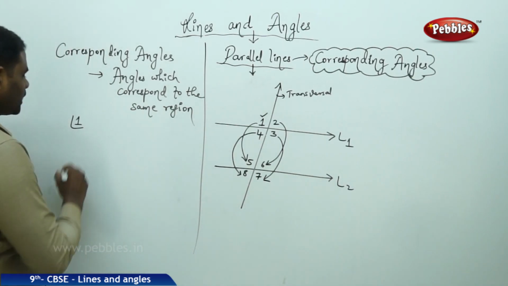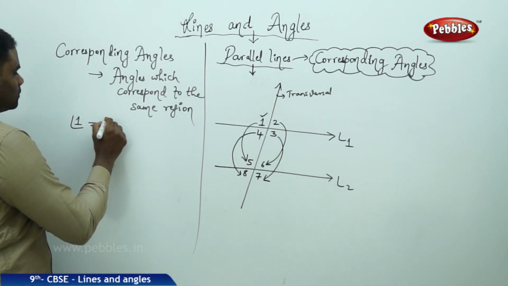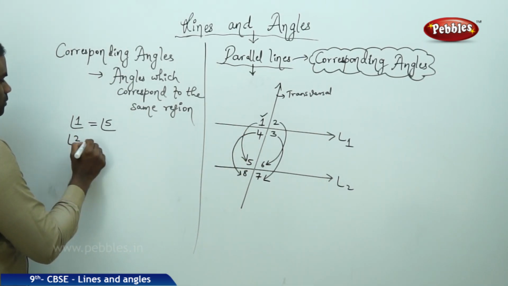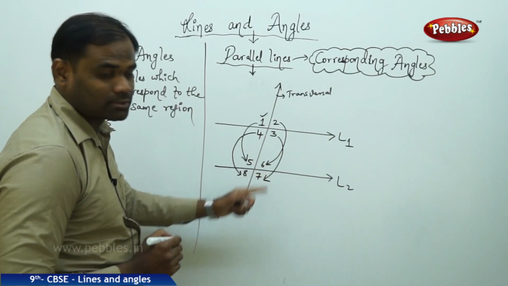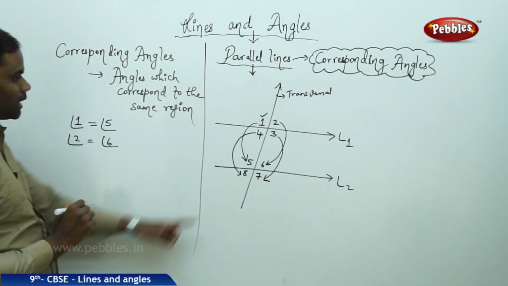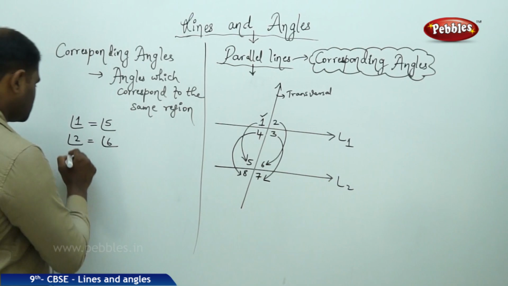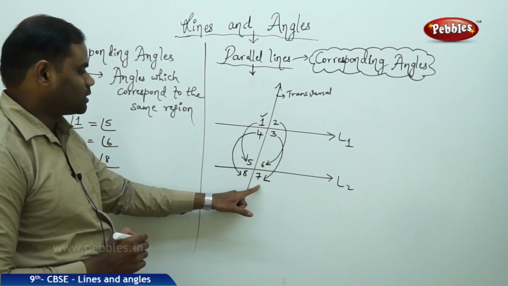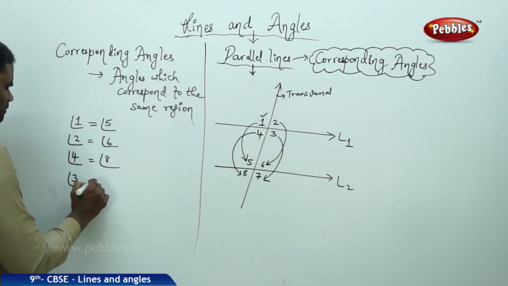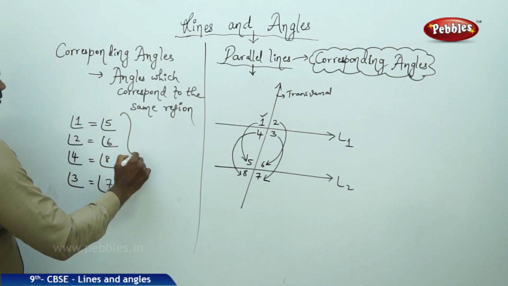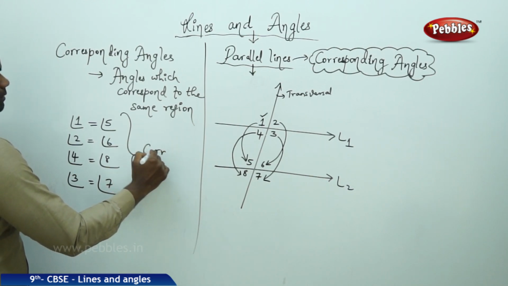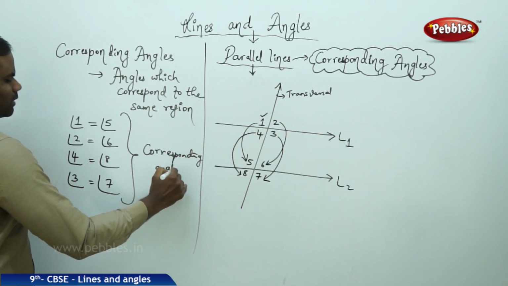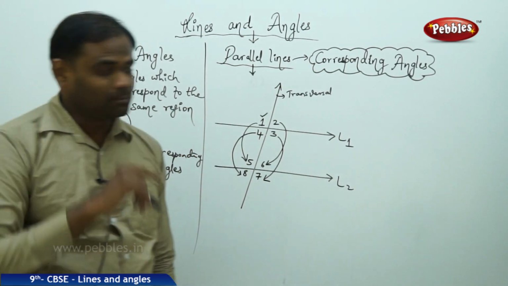Therefore, angle 1 equals angle 5, which are corresponding, and angle 2, which is out here, is equal to angle 6, and angle 4, which corresponds to angle 8, are equal, and angle 3, which corresponds to angle 7, are said to be corresponding angles and are always equal.